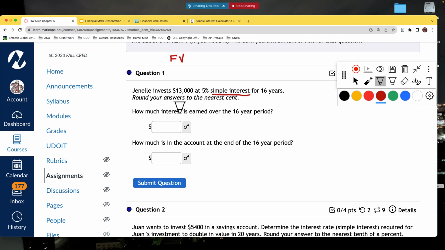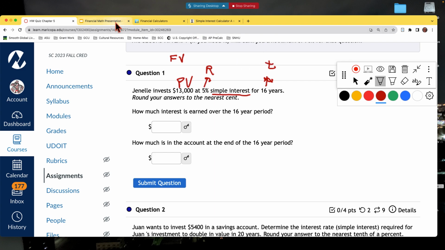Payments will only be if it's done on a regular basis. But you're right, it is a payment out of her pocket, but we'll put this as present value. How about the 5%? That's a rate. And then the 16 years, that's the time, sometimes listed as Y or T.